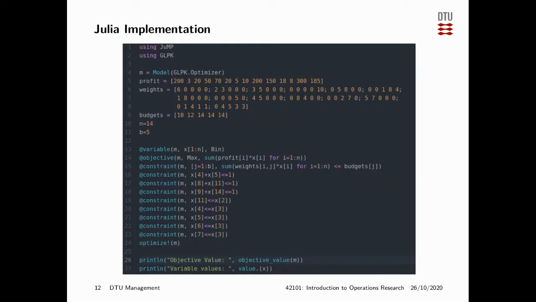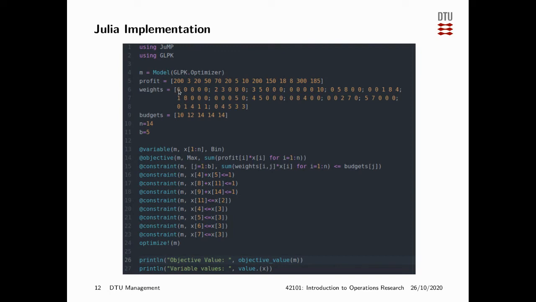The following Julia code can be used to find the optimal solution to the binary integer program that we just formulated. I'm not going to spend too much time on it. I'll just give you the highlights. We start out by declaring a model. Here I store the problem data in 3 different arrays. The value for each mission is contained in the profit array here. The weights array contains the budget consumption of each mission in each of the 5 planning intervals.